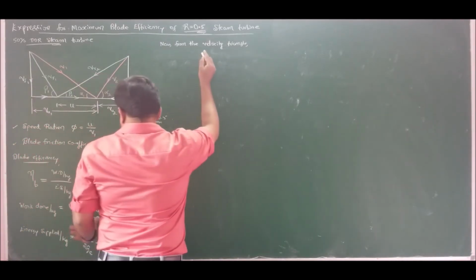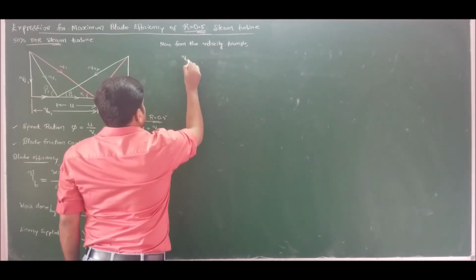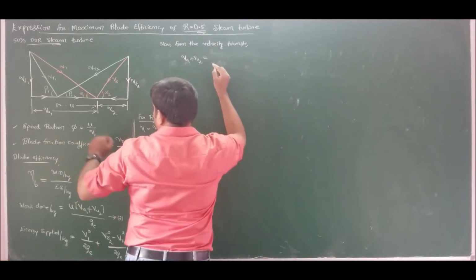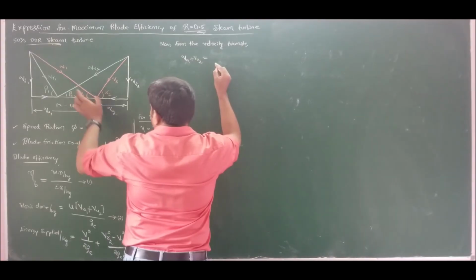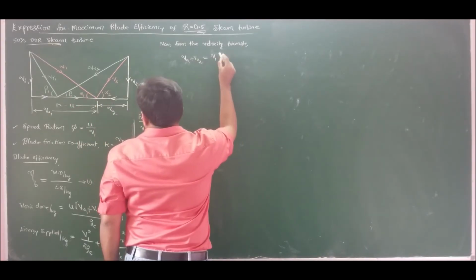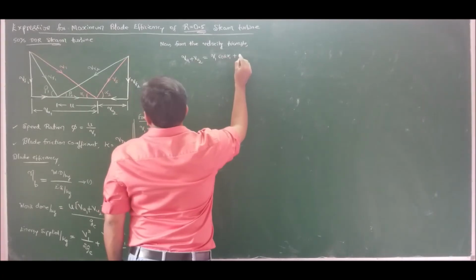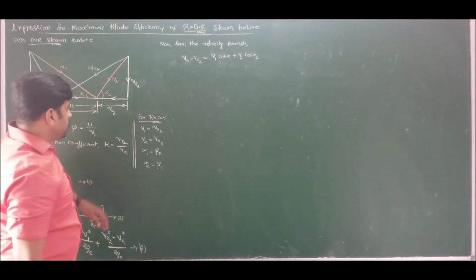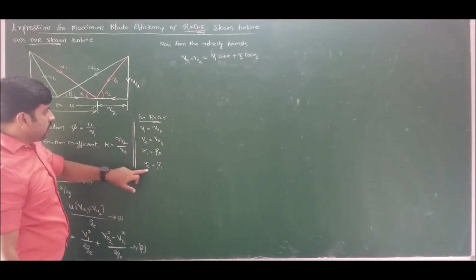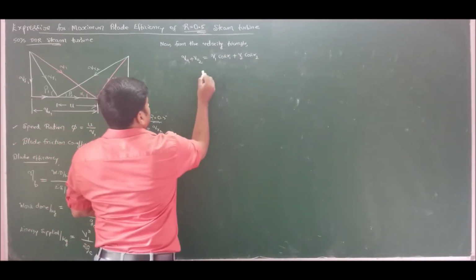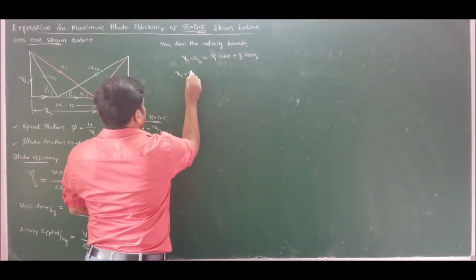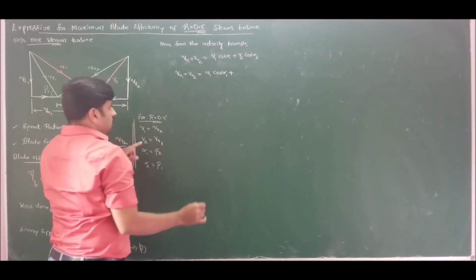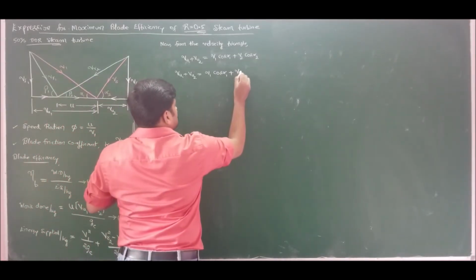Now VU1 plus VU2 is the overall length of the combined velocity triangle. I can write it with the help of V1 and alpha 1 as V1 cos alpha 1 plus V2 cos alpha 2, whereas V2 is VR1 and alpha 2 is equal to beta 1 for R equal to 50%.